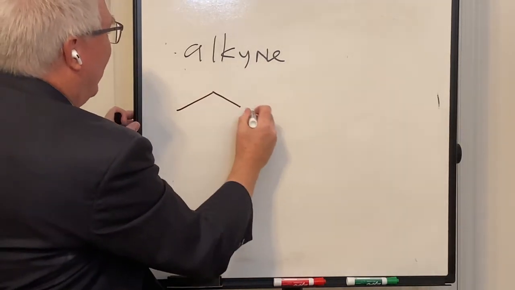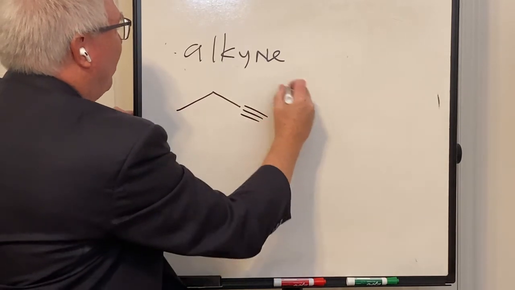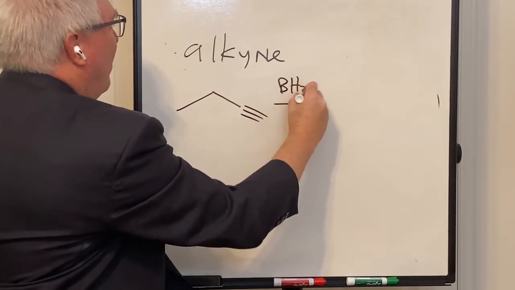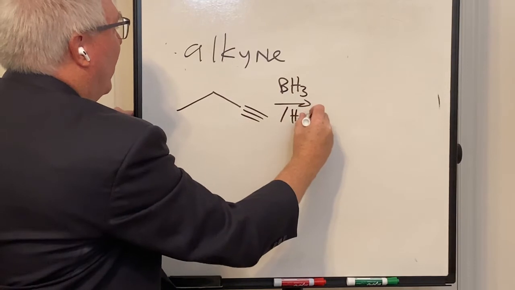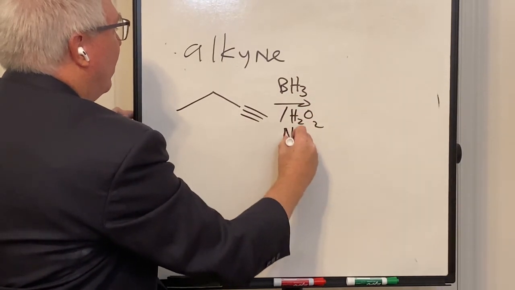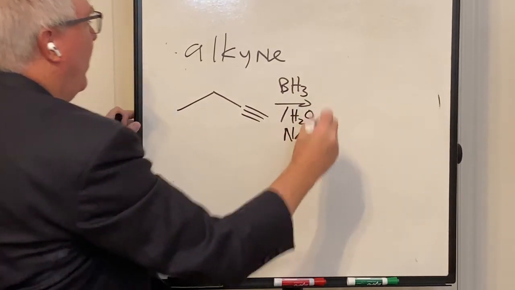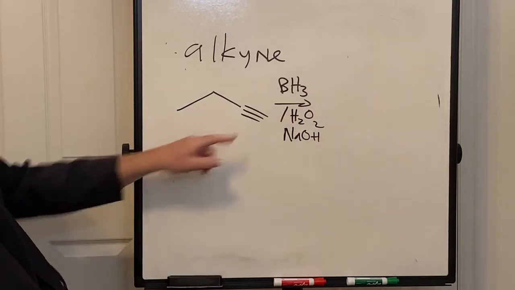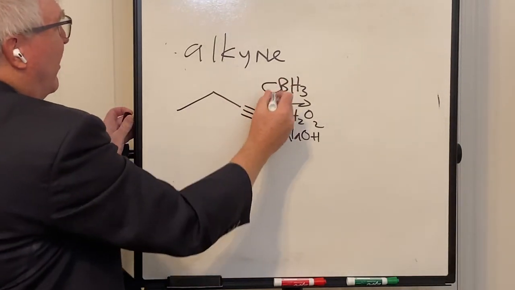But let's look at this one. How about hydroboration? So we'll treat with borane first, and then peroxide and base. Okay. So this is a similar thing, right? Here is our electrophile now.